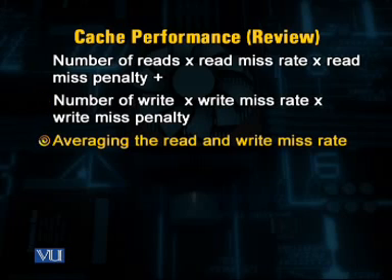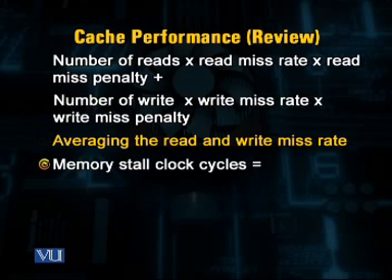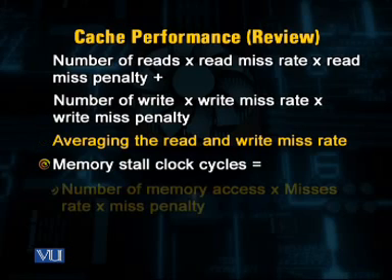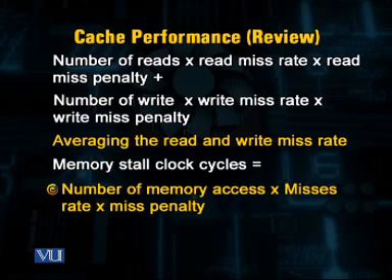Now, averaging the read and the write miss rate, memory stall clock cycles can be expressed as the number of memory accesses multiplied by miss rate multiplied by the miss penalty.